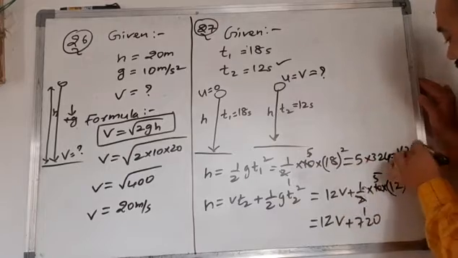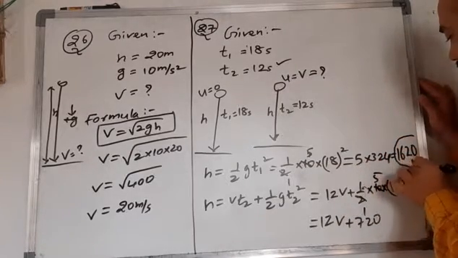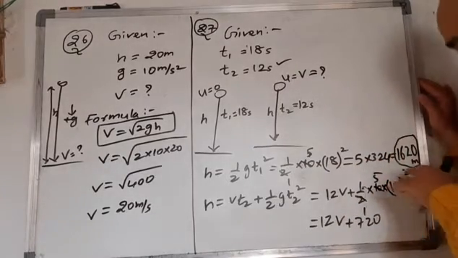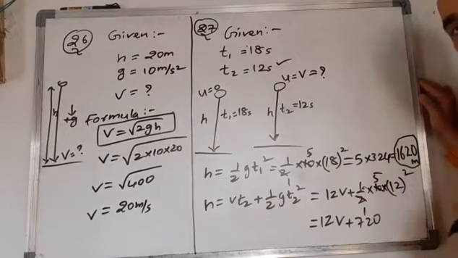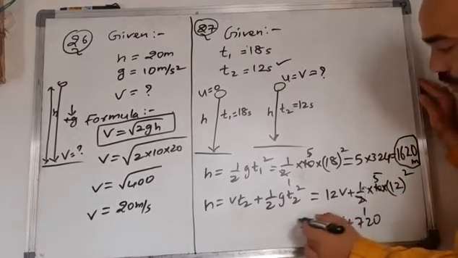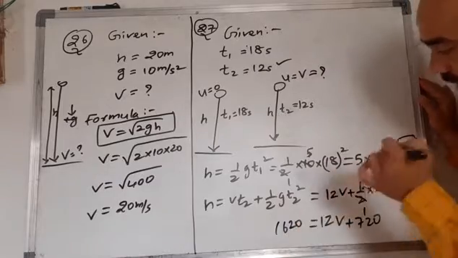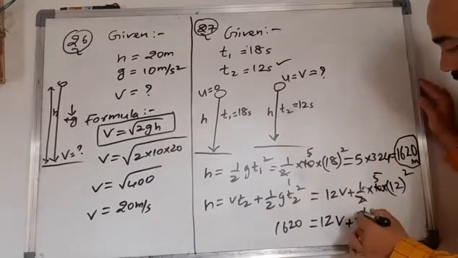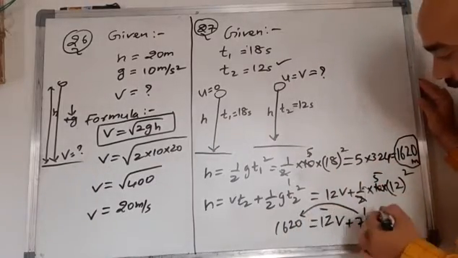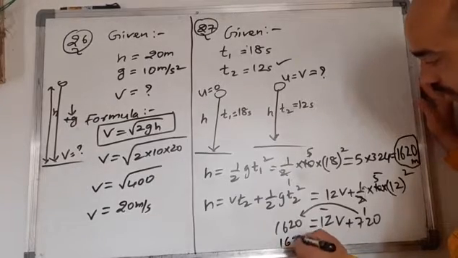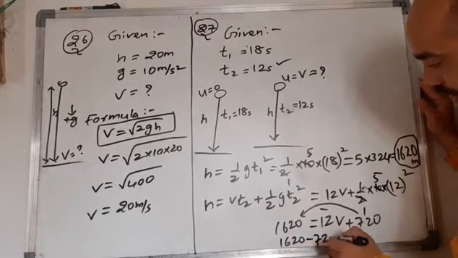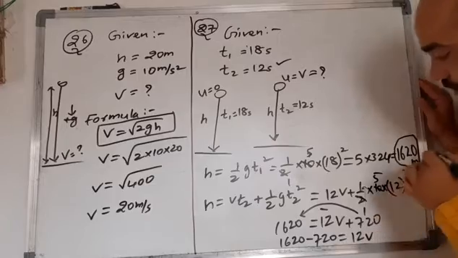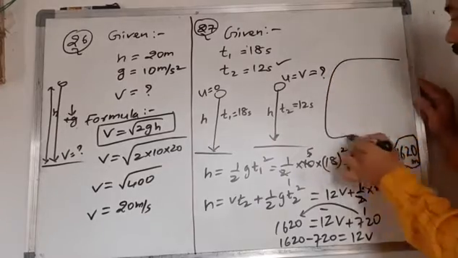H we already got, 1620 meters. So that is equal to 1620, we can write here. Now take this 720 to this side, it will become minus. So 1620 minus 720 is equal to 12v. But I want v.